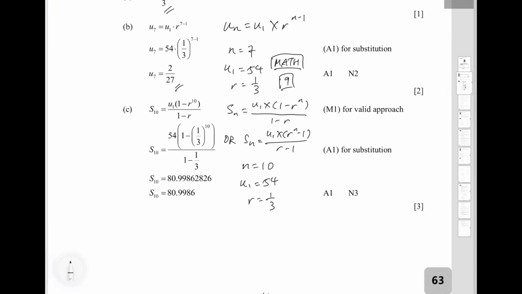When we calculate this by using the GDC, we have to be cautious about the substitution and also about the use of the brackets. So we will have 80.9986826. But as we have to correct the answer to 4 decimal places, look at the position of the 4th decimal place, 6, and the next digit is 2, so we don't have to add 1 to the number 6. So eventually we will have 80.9986.